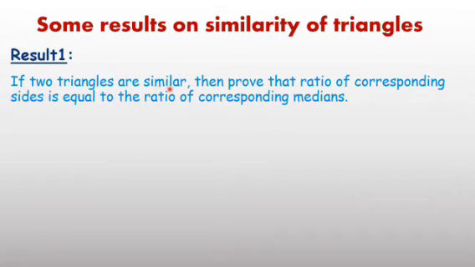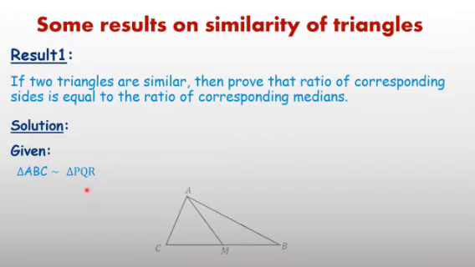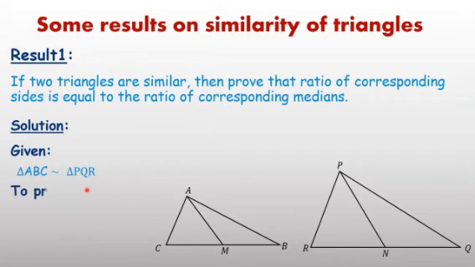First result is, if two triangles are similar, then the ratio of corresponding sides is equal to the ratio of corresponding medians. Given part, triangle ABC is similar to triangle PQR, and we have to prove the ratio of corresponding sides equals the ratio of corresponding medians, means AB upon PQ equals BC upon QR equals CA upon RP equals AM upon PN.